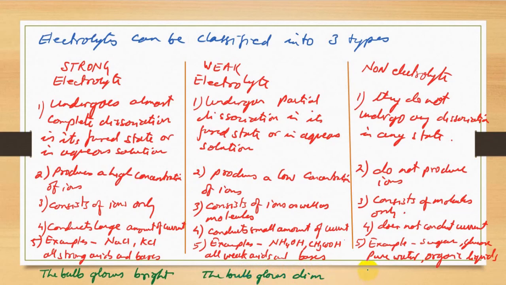And the last one, the bulb does not glow. So if you can see these things, you can easily say which is a strong electrolyte and which is a weak electrolyte.